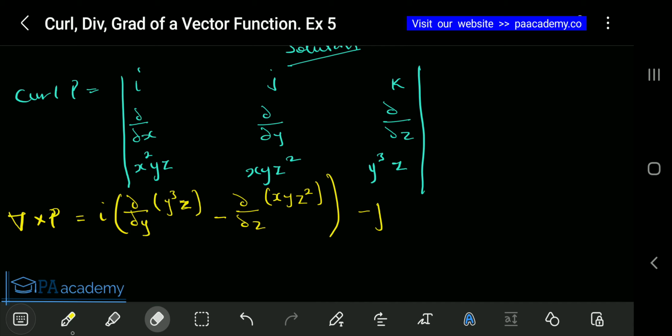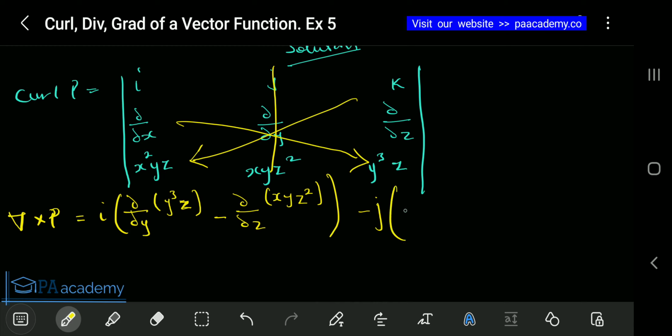Now for j, once we are dealing with j also, we ignore everything on this particular column. So we are multiplying this and then we subtract the product of this.